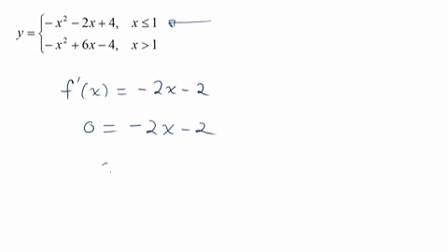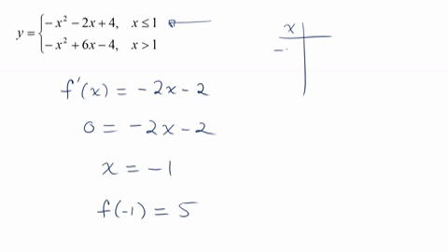We see here we get a critical value of x equals negative 1. Plugging negative 1 into our function, f of negative 1 is 5. So we know that when x is negative 1, f of x is 5.